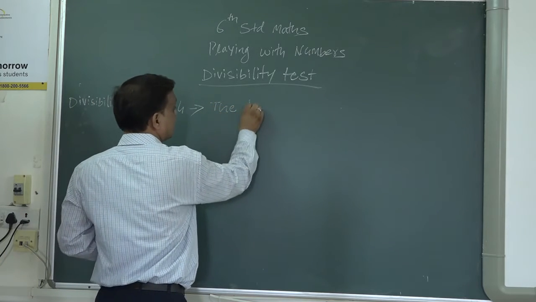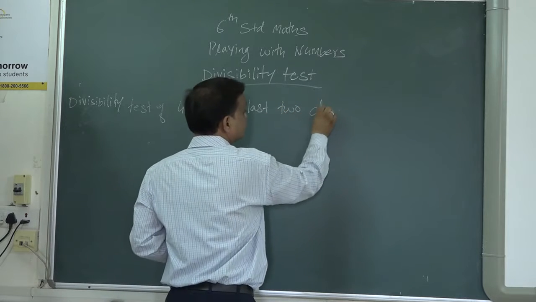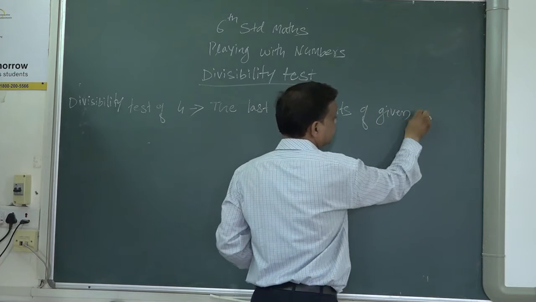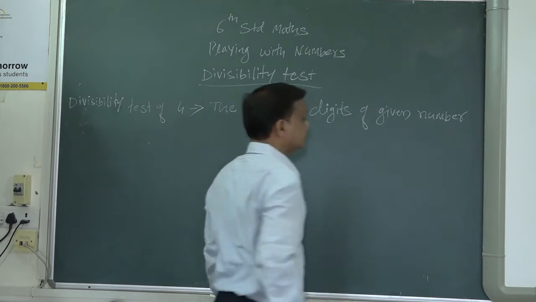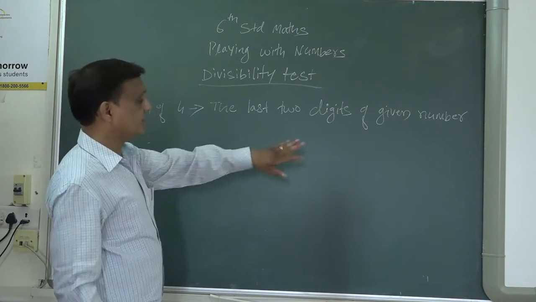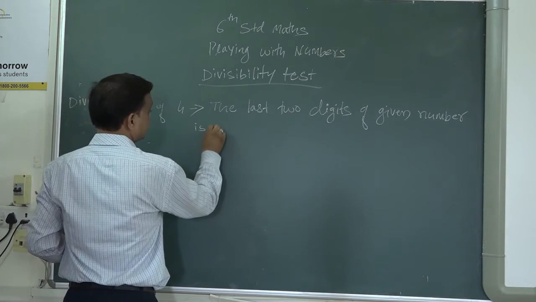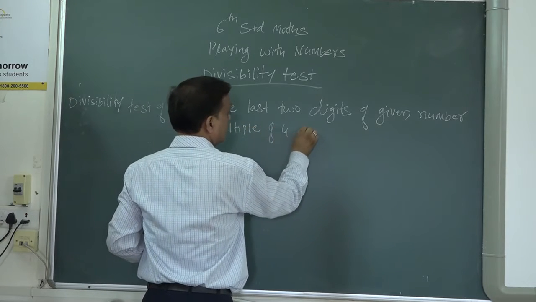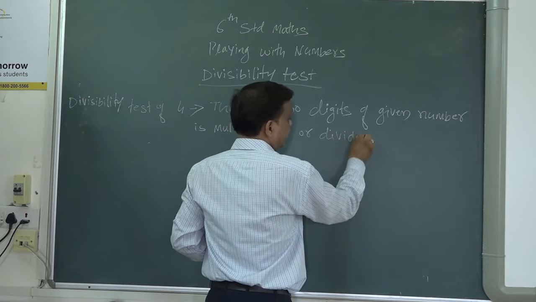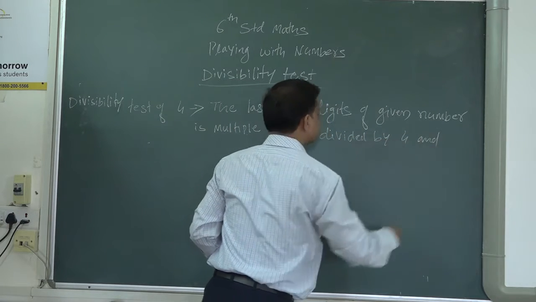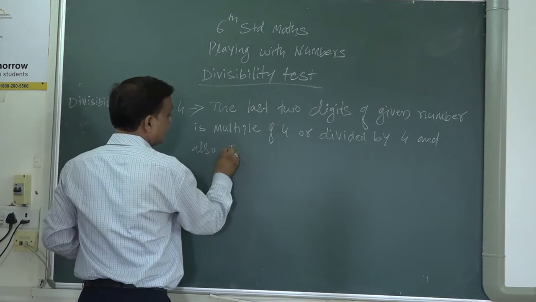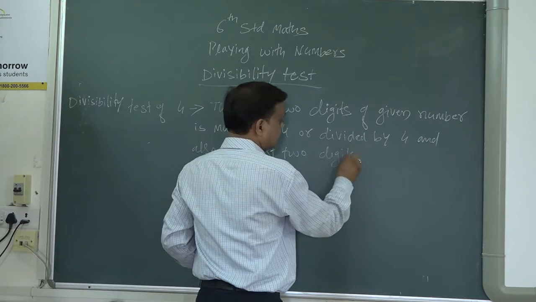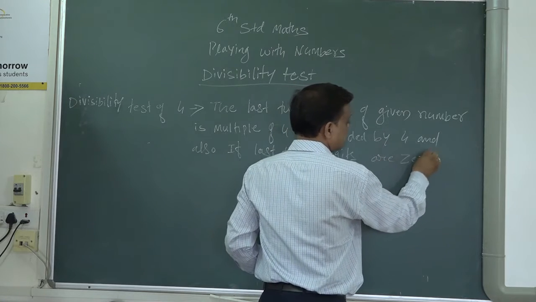The last two digits of the given number is a multiple of 4 or divisible by 4, and also if the last two digits are 0.